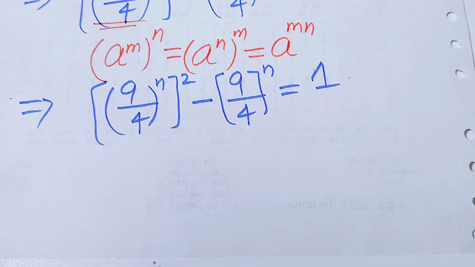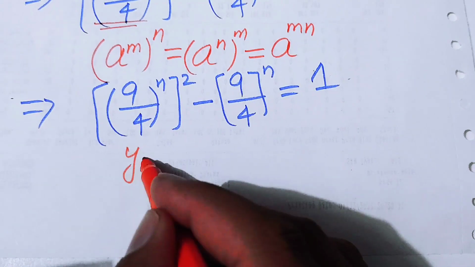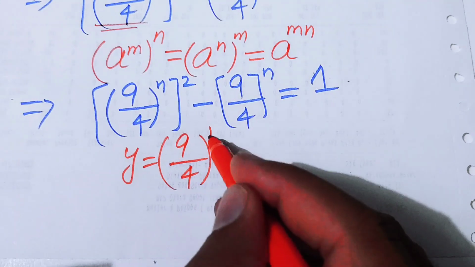And now we will convert this exponential equation into quadratic form, so that we can take y is equal to 9 over 4 and its whole power n.